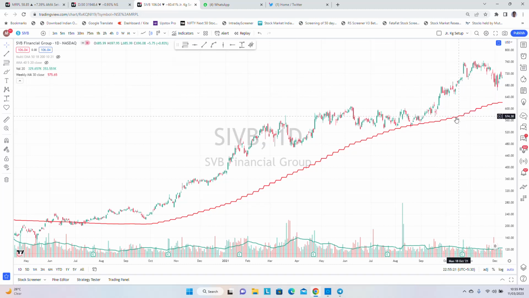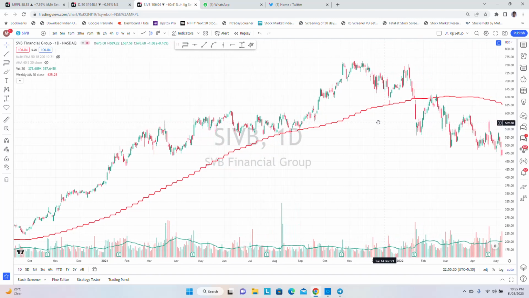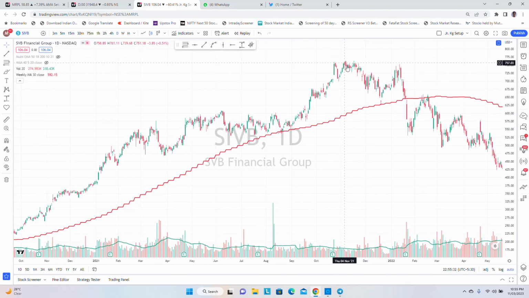And then again, if you see here, once the stock got the momentum, the steps started becoming bigger and bigger. So here it broke out in September 2021, and then again it made a high in November. So September, October, November, 3 months.